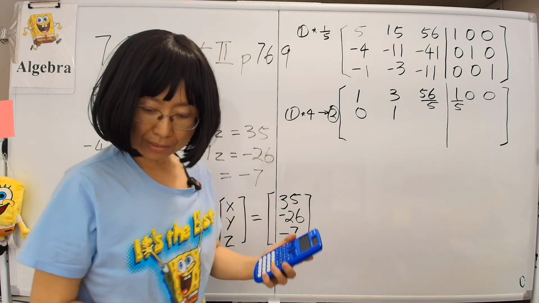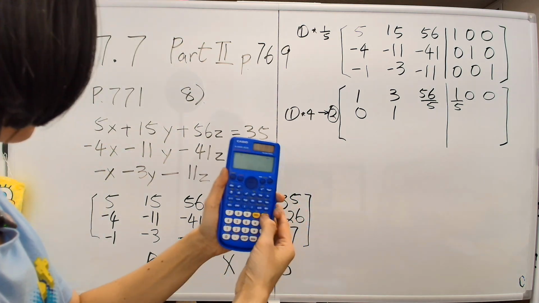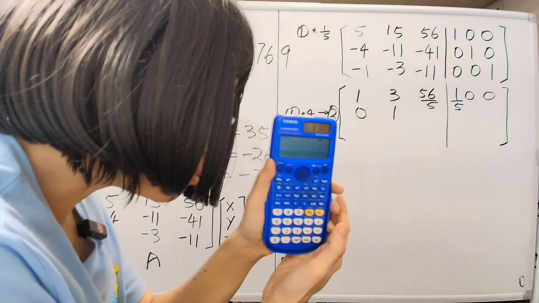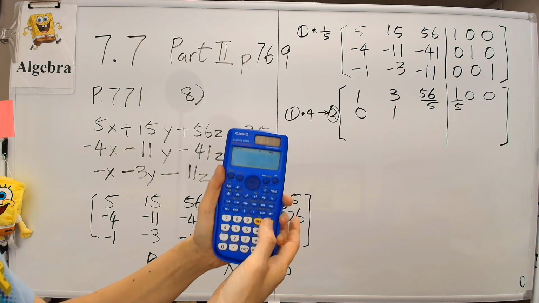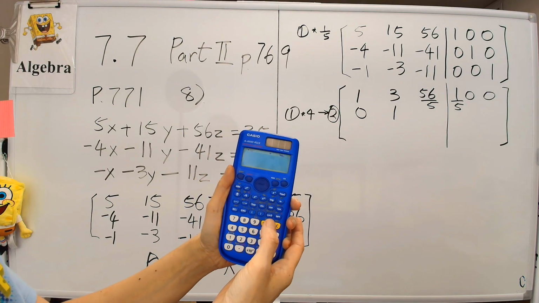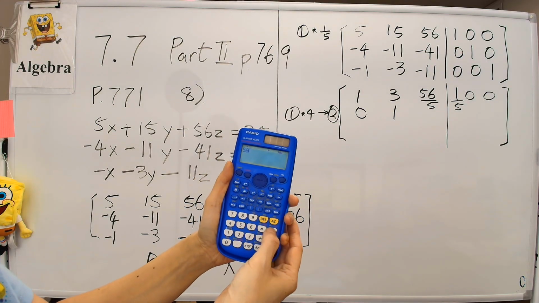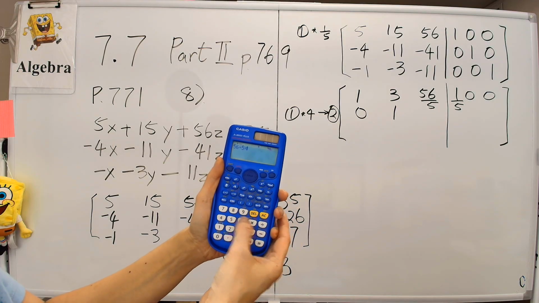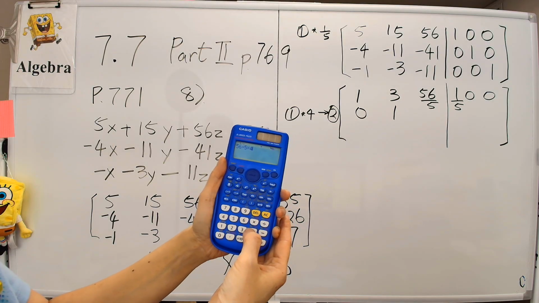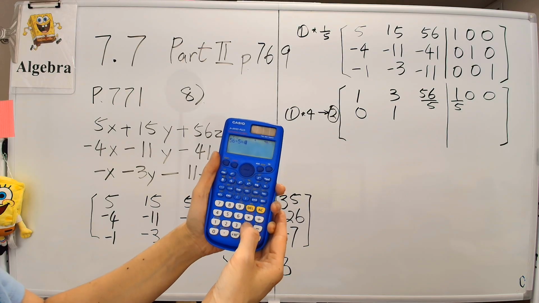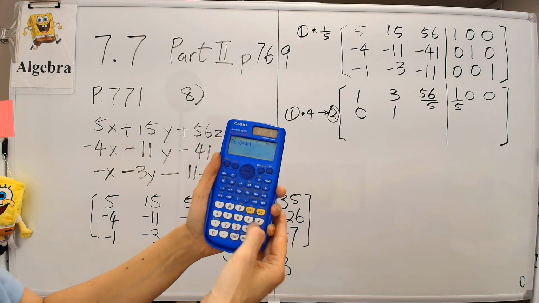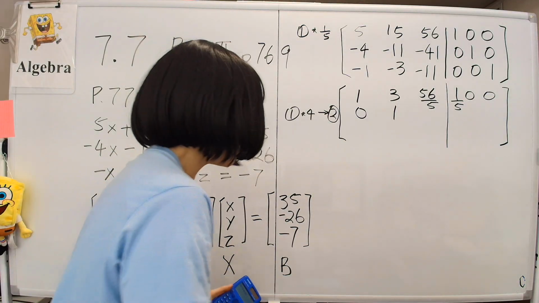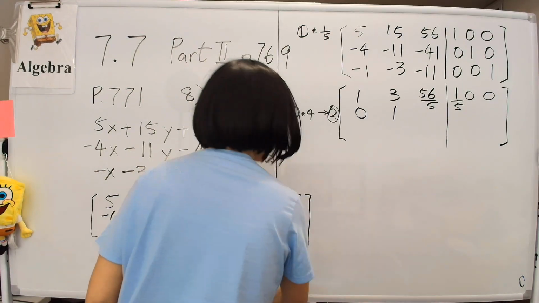Okay, so the third item, let me turn it on. Well, anyway, let's see, what am I talking about? Okay, 56 divided by 5, right? We need to multiply by 4 and then add it to row 2, which is minus 41. That equals 19 over 5. Let's write that down.